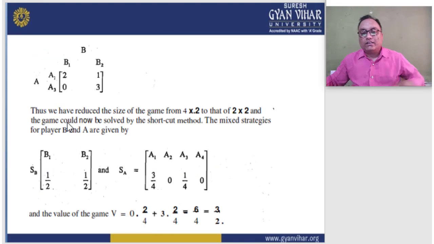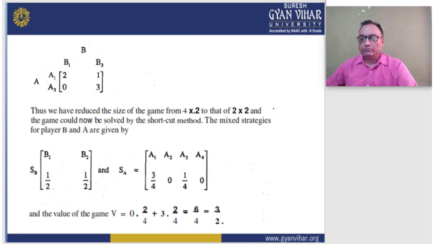Thus we have reduced the size of the matrix. So the value of the game is here for the B strategy. Here are A1, A2 with 2 and 3, and thus we have reduced the size of the game from 4 to 2. So it is a 2 by 2 game, and it can now be solved by the shortcut method.